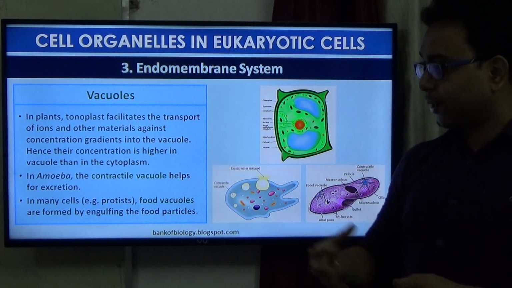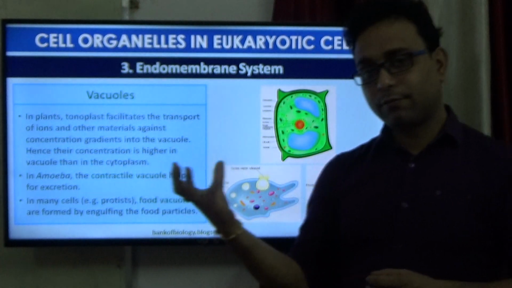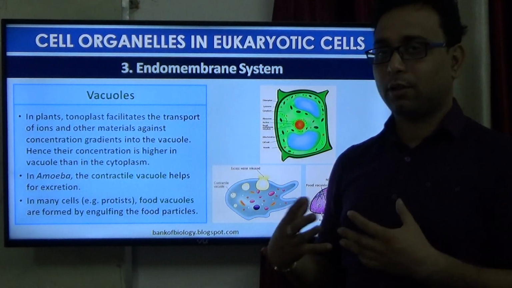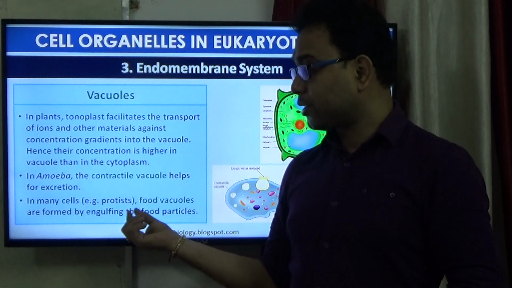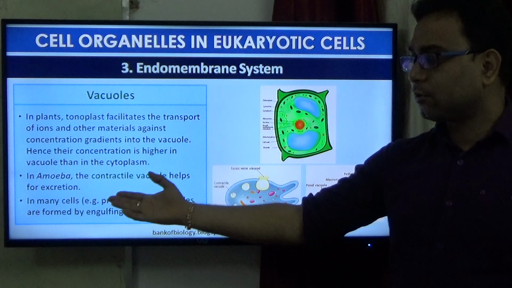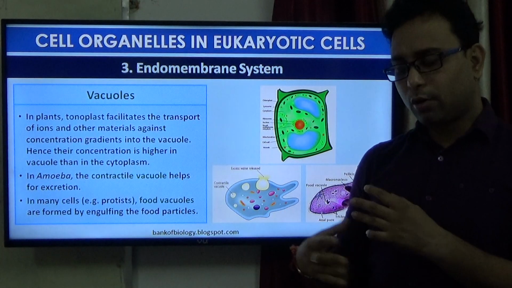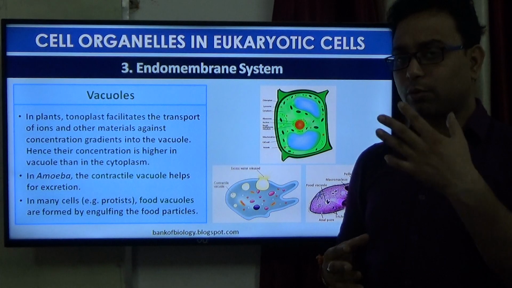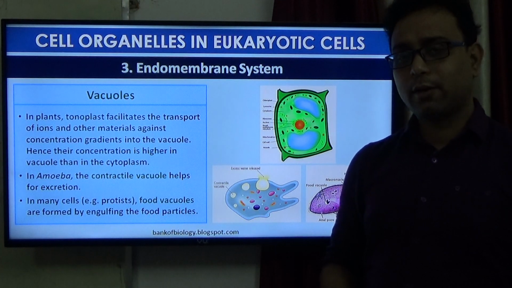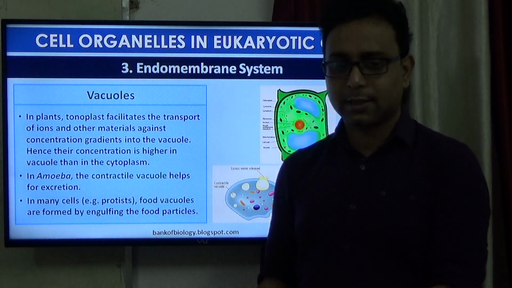Because when they engulf food molecules, they are stored in a vacuole. That time it is called the food vacuole. In some protistans you may observe this type of food vacuole. Amoeba is also one type of protista, right? So in protistans, two types of vacuole are extra present: the contractile vacuole and the food vacuole. The food vacuole is also present in the plant cell.